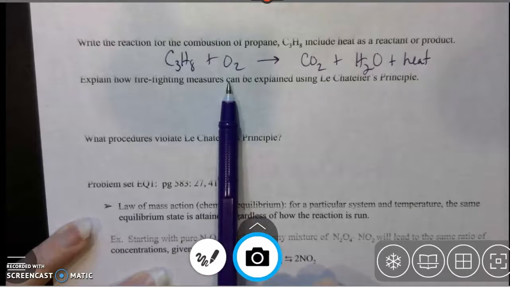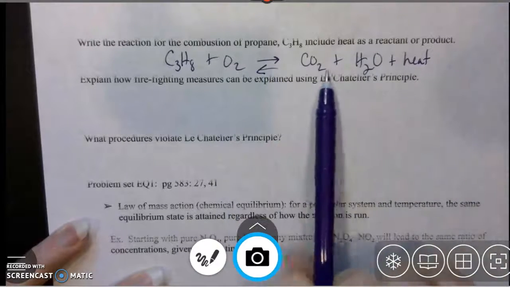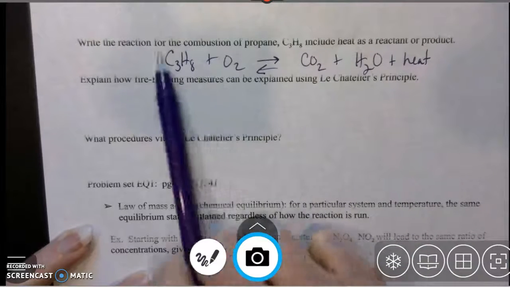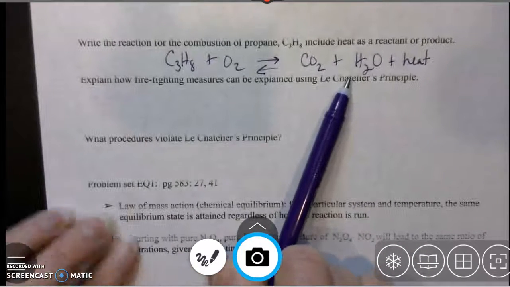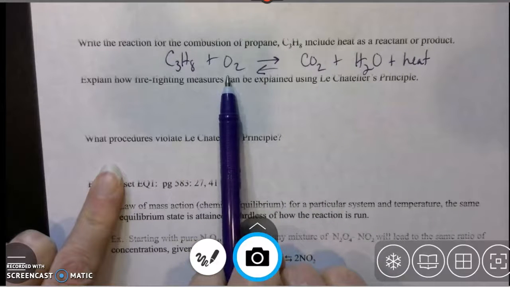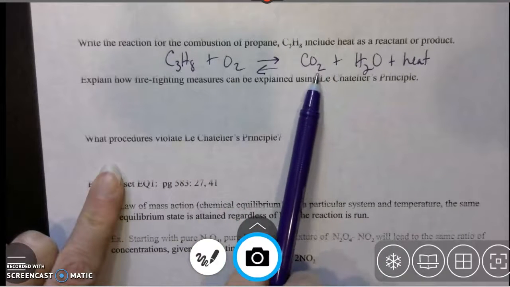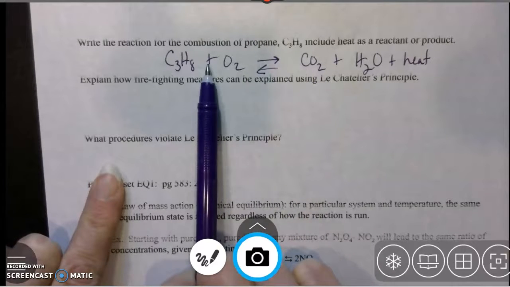So if we're taking this oxygen out, it's going to convert this back to product. So it will quit burning because it's not forming CO2 anymore. The other thing you can do is add CO2. There are fire extinguishers that are CO2 based, so they're going to also shift that equilibrium back.